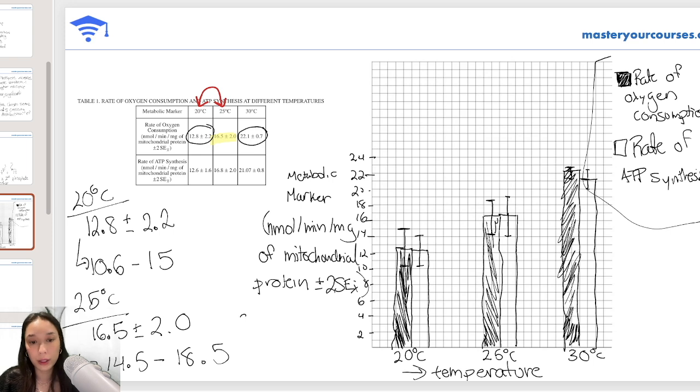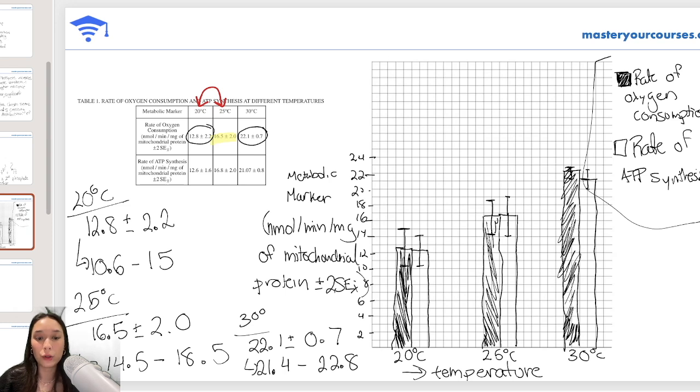So let's put this over here. So for 30 degrees, you've got 22.1 plus or minus 0.7. So that is going to give you a range of 21.4 to 22.8.